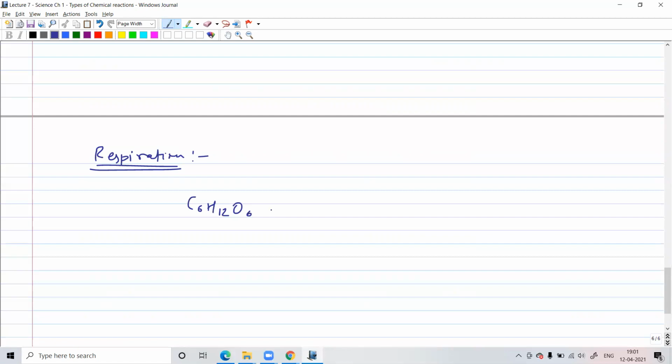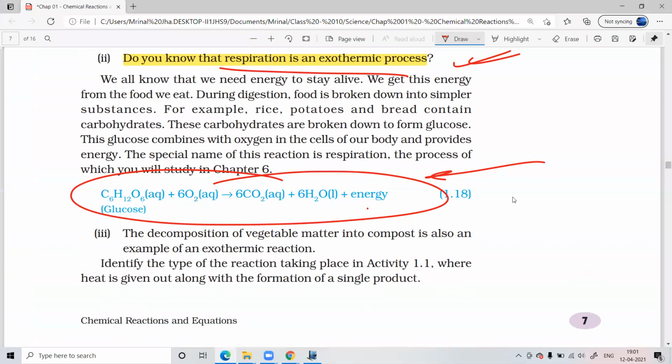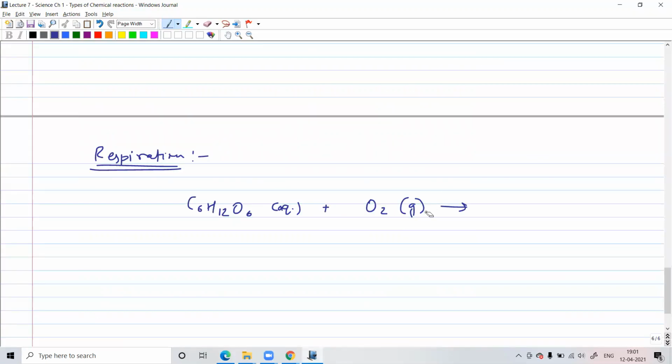C6H12O6, and it reacts with what? Oxygen. Okay, this oxygen is also in the aqueous form. It has mixed up with all the. Right, so C6H12O6, O2. This gives you carbon dioxide, water, and energy.